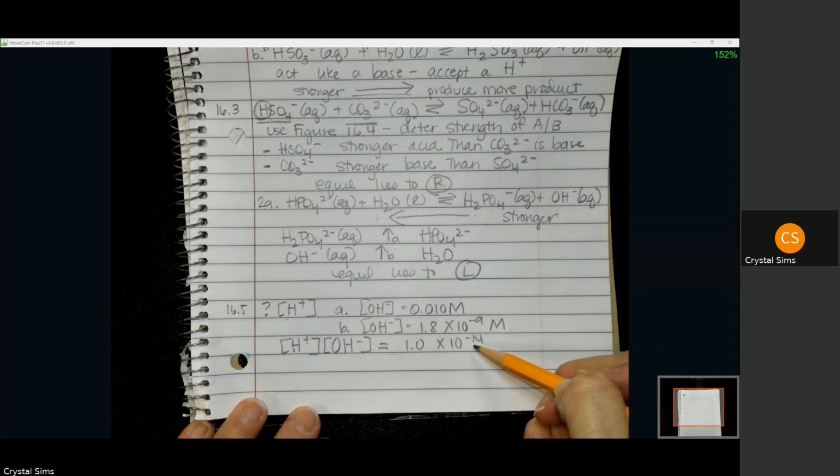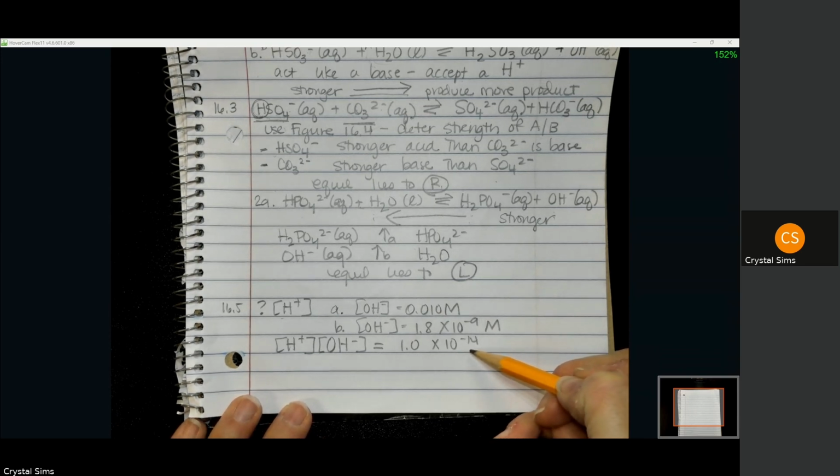This holds true as long as the temperature is 25 degrees Celsius, or right around 25 degrees Celsius. And in this problem and all the problems that follow, we assume, unless stated otherwise, that the temperature is 25 degrees Celsius. So I don't have to worry about temperature here because they've told me that it's 25 degrees Celsius.